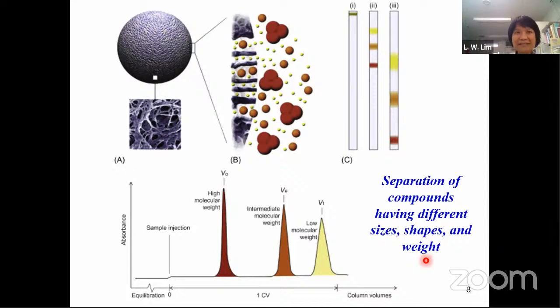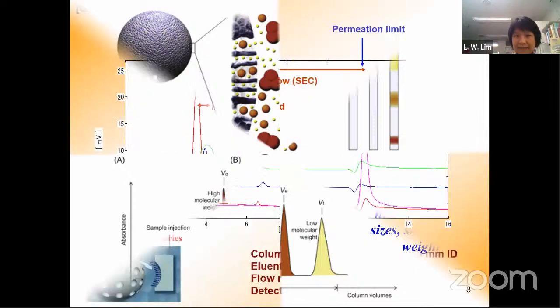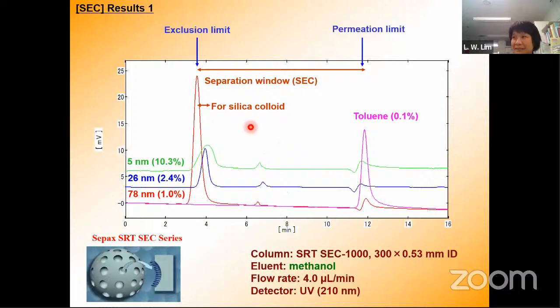Therefore, in Japan, at one time, it was a boom to separate nanoparticles. So we tried to use different columns to separate nanoparticles. At the beginning, we tried to separate silica colloids of 5 nanometers, 26 nanometers, and 78 nanometers.